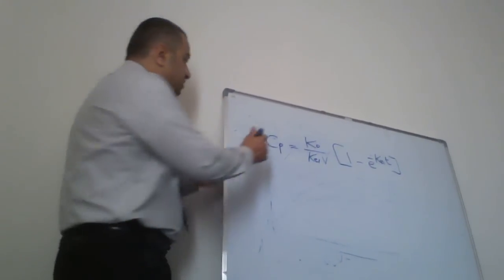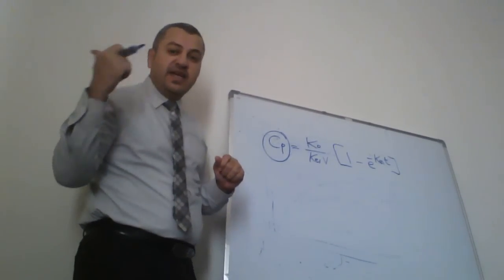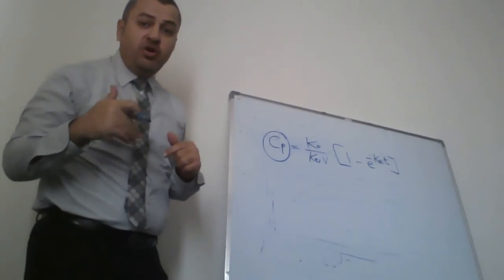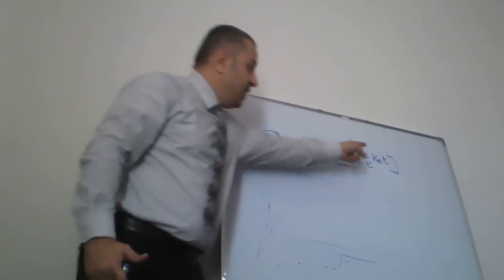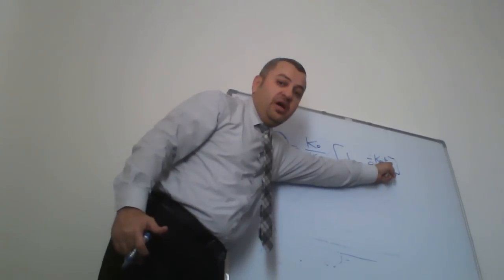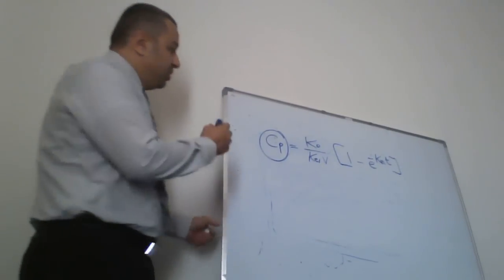Now, this one is my target, which is the CPSS of the slow infusion. This is my target, and I need it in half an hour. So I will substitute t with half an hour. What do I do?